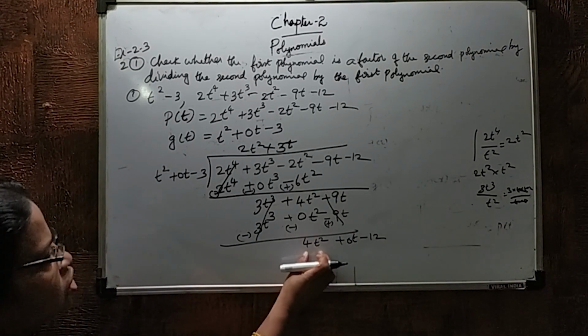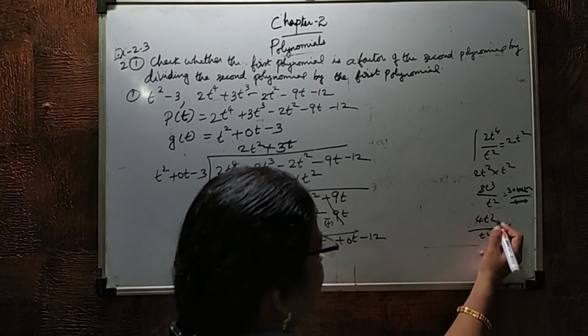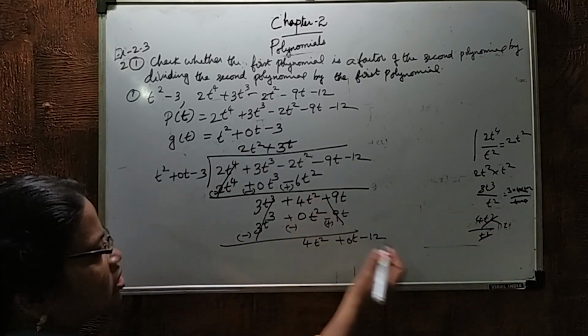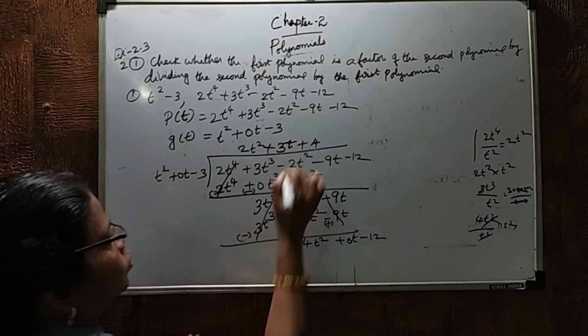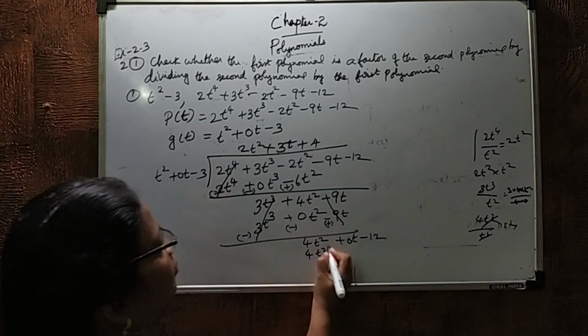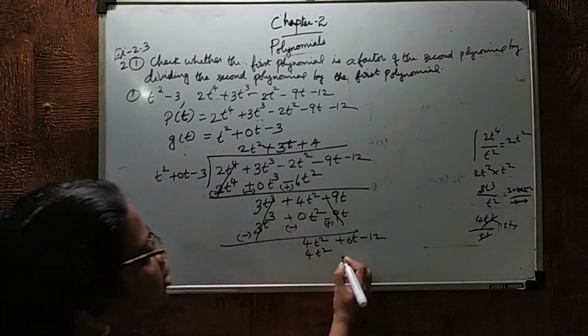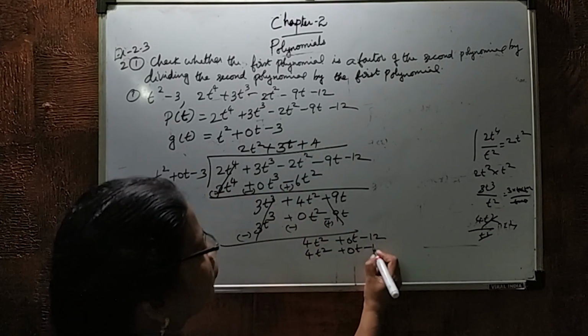Again, so 4t square divided by t square and t square cancel, 4 is there. So plus 4 is there, plus 4. Now multiply each one. 4 into t square, then 4 into 0 it is plus 0t and then minus 12.